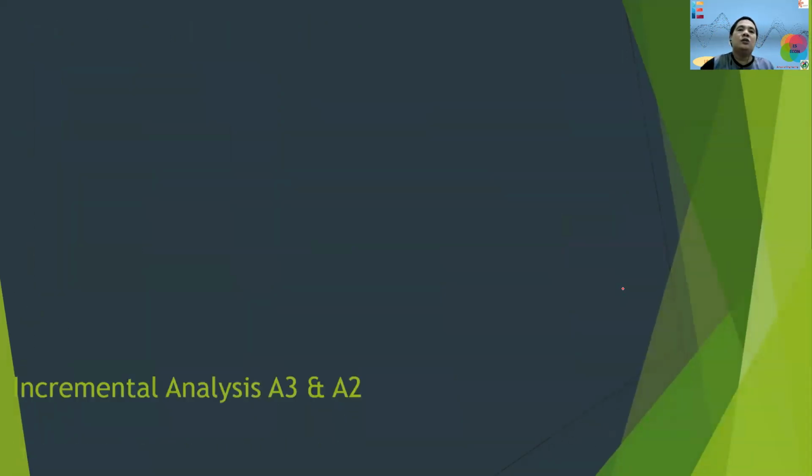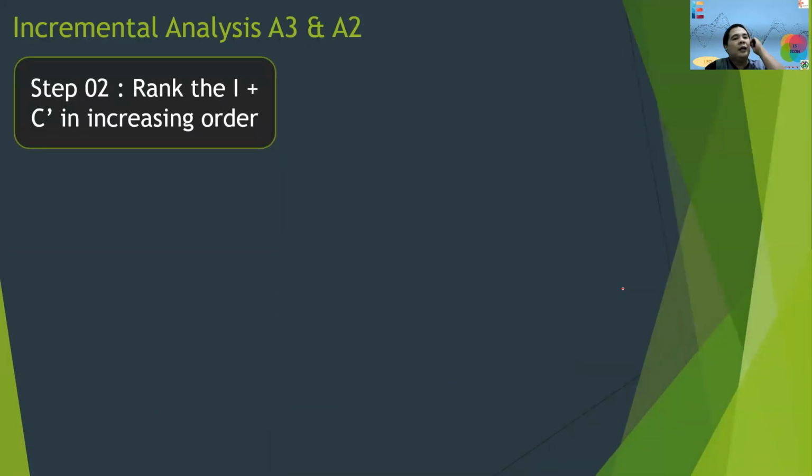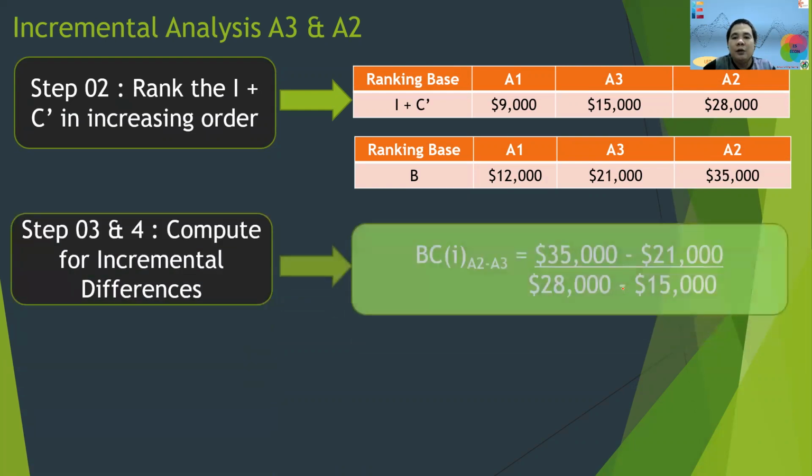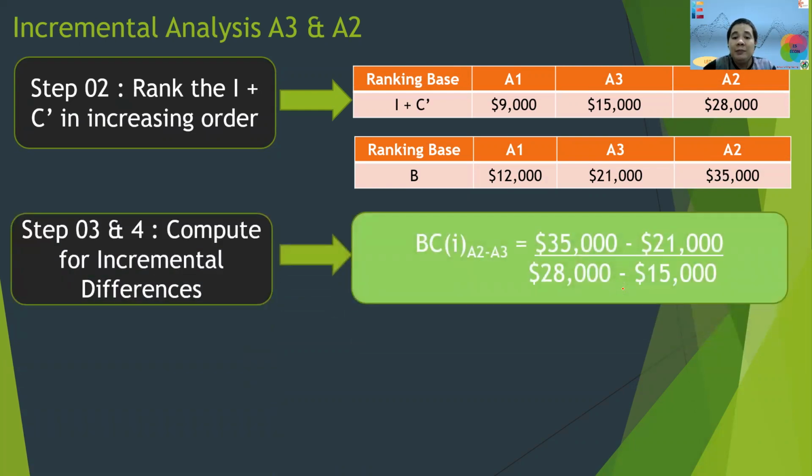Next. Since you were able to decide that A3 is better than A1, we can now compare A2 and A3. So we get the incremental BC ratio of A2 minus A3. That is 35 minus 21 divided by 28 minus $15,000.